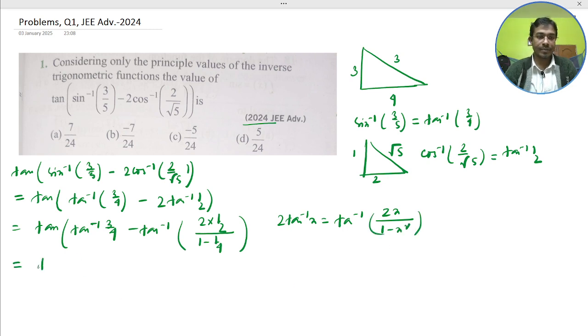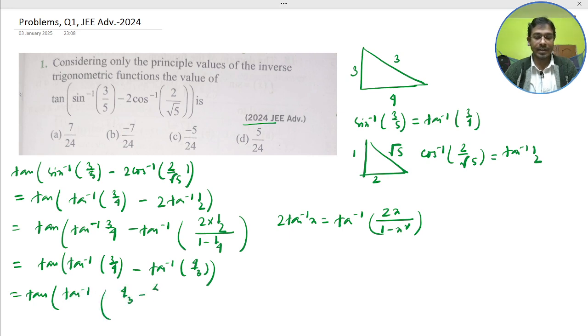So this becomes tan of tan inverse 3 by 4 minus tan inverse 4 by 3, which equals tan of tan inverse of (3 by 4 minus 4 by 3) divided by the denominator 1 plus 3 by 4 into 4 by 3.